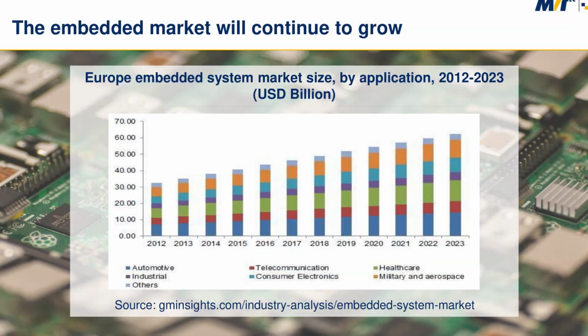You can also see this in the market size. Here we have a small statistic about the whole embedded market in Europe, where the market size doubles in roughly 10 years.